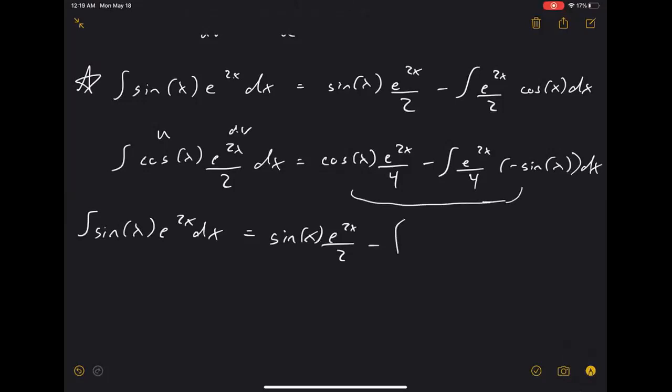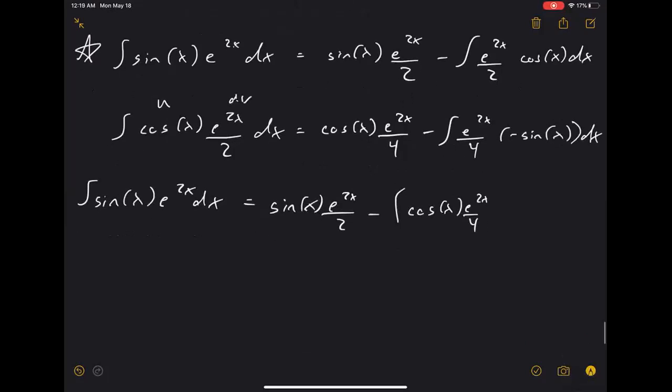So let's plug that in, and let's put it in parentheses so we can remember to distribute our negatives.